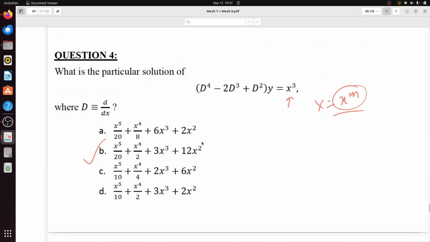Next problem. What is the particular solution of d4 minus 2d cube plus d square y equal to x cube? This we will also solve, no problem.